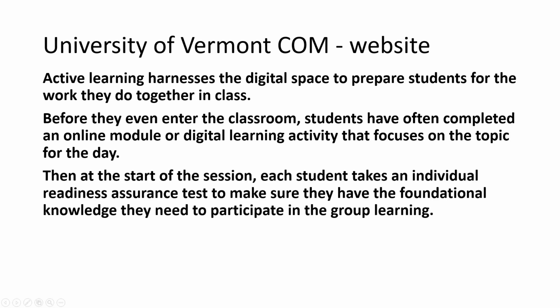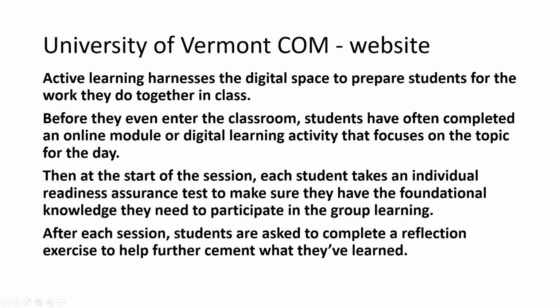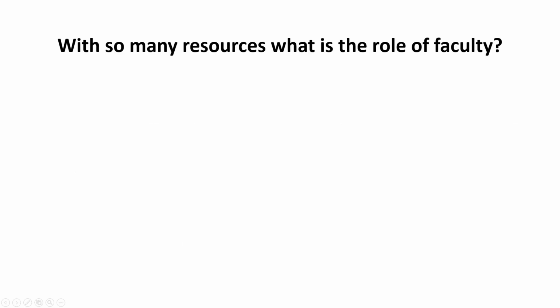Then at the start of the session, each student takes an individual readiness assurance test to make sure they have the fundamental knowledge they need to participate in the group learning. After each session, students are asked to complete a reflection exercise to help further cement what they have learned. This is not too different from what we've been doing at CMM.